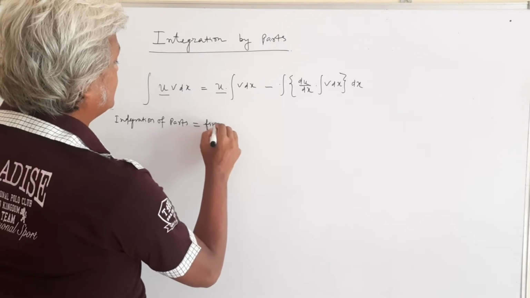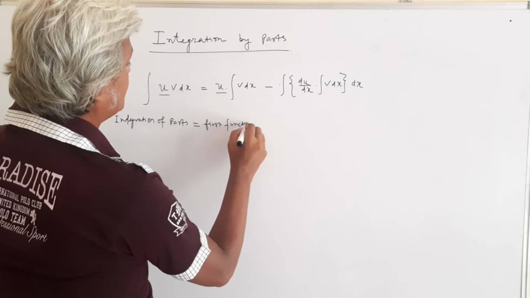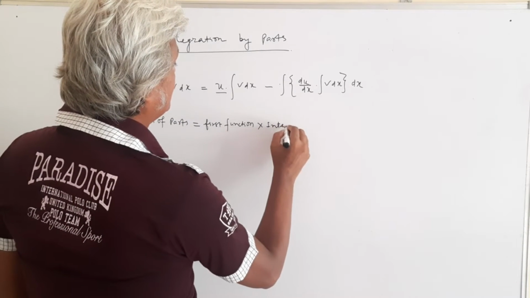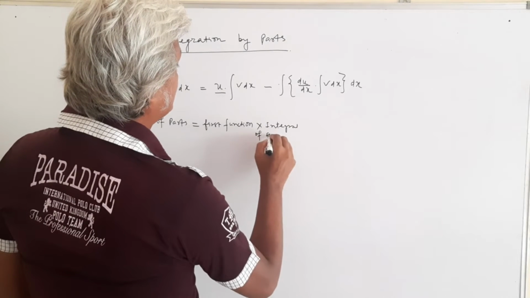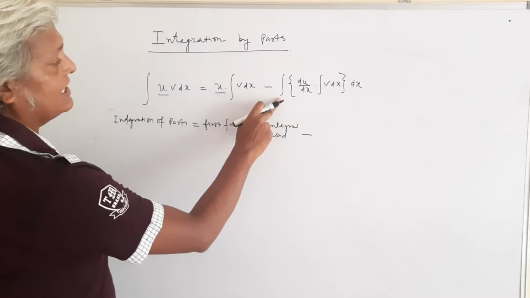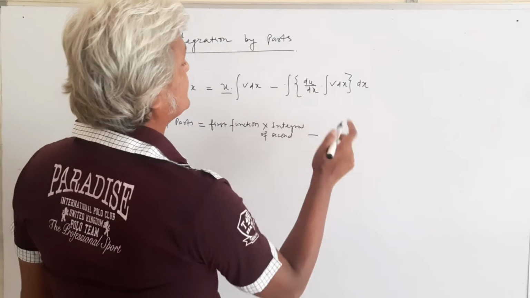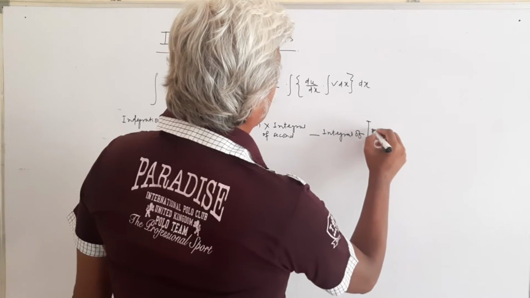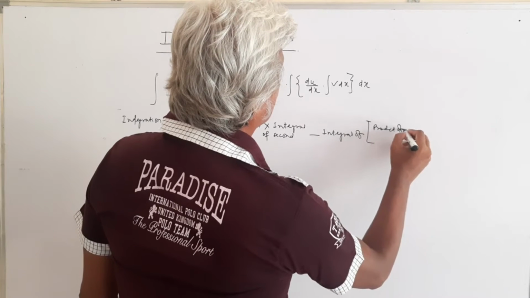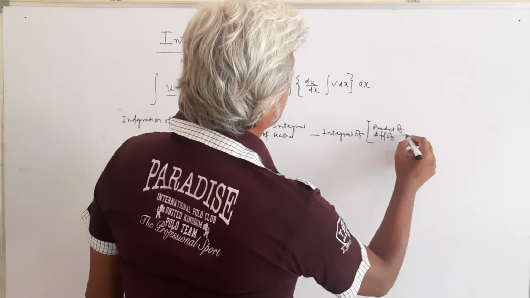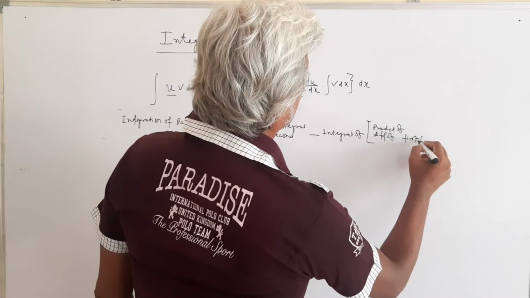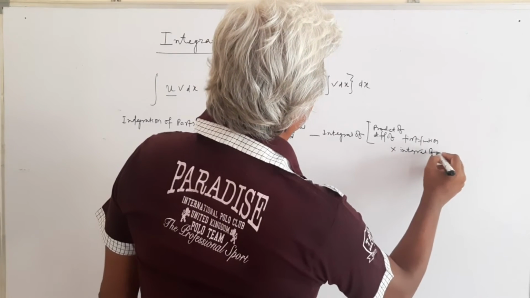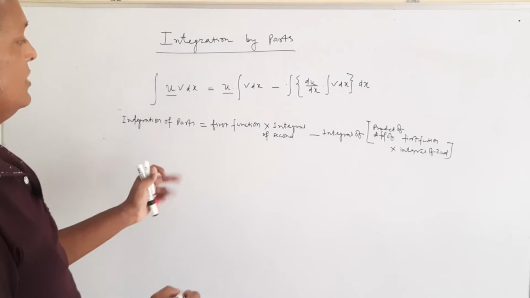So the first function into the integral of the second, minus the integral of the product of the differentiation of the first function into the integral of the second. This is the rule.